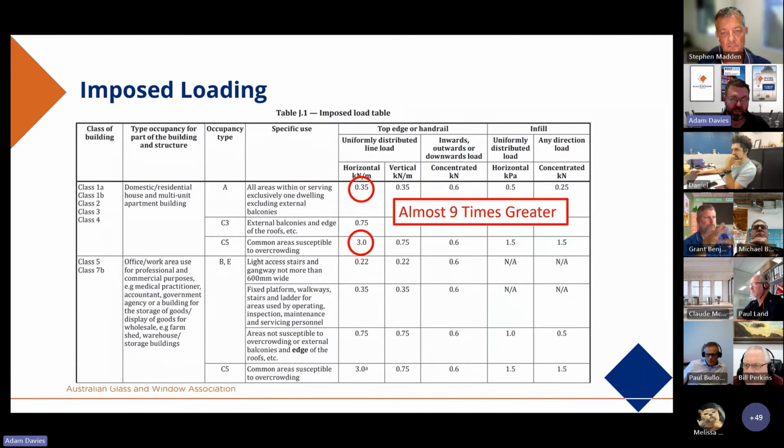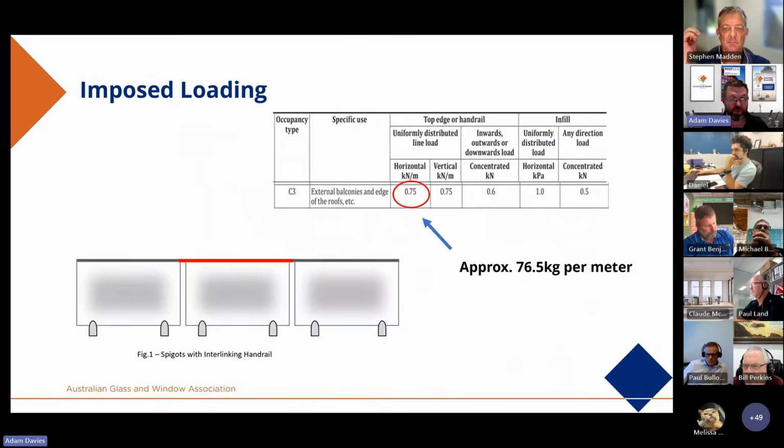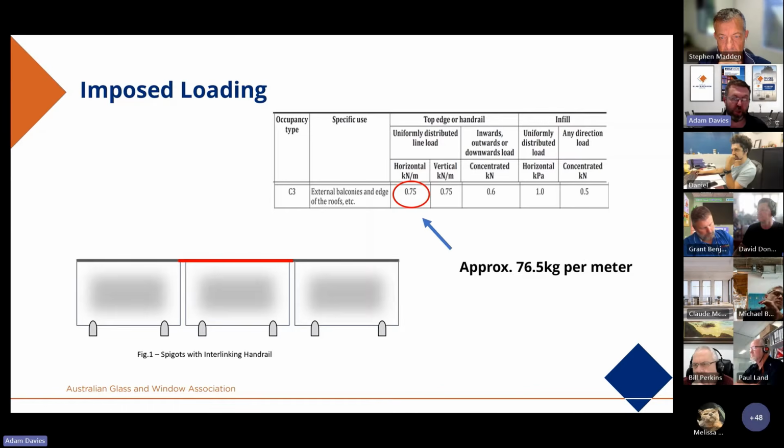We're going to discuss the 5 loads now in a little bit more detail, and we'll start off with the uniformly distributed line load. Now, in this case, we're discussing the C3 occupancy type. It is by far the most common type that most people will encounter, because that will cover you for external individual balconies and all internal elements, because it being higher stringency than Class A, it obviously can be used there.